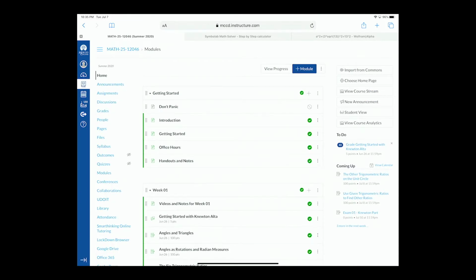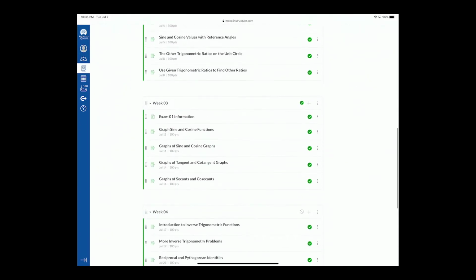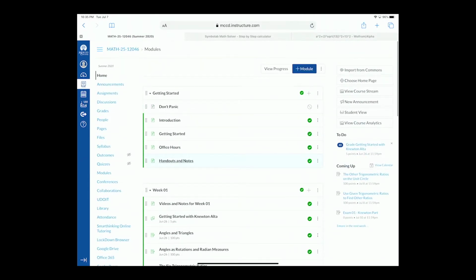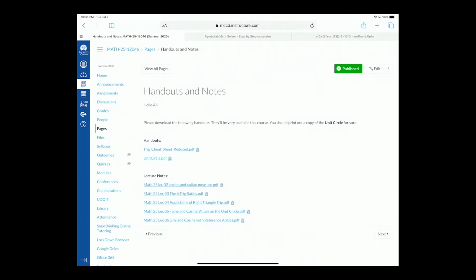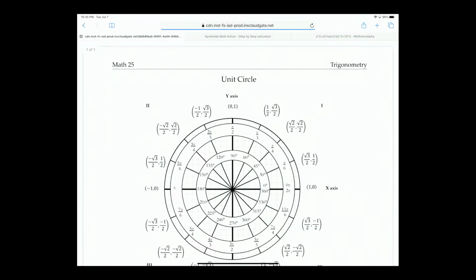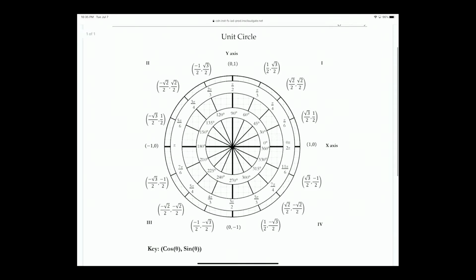There it is. Handouts and notes. Get the unit circle. There it is. Okay, and so I'm going to label some of these points on our unit circle, and then we are going to get going on our graph.